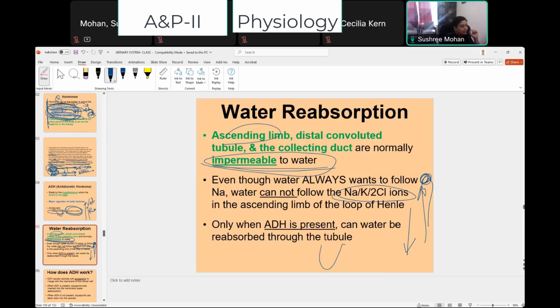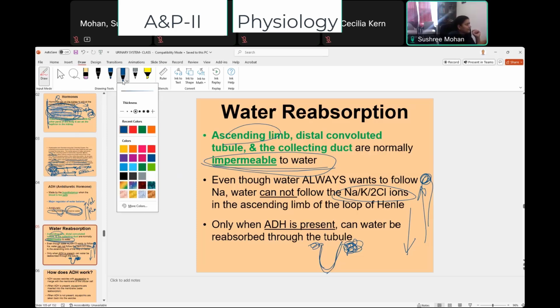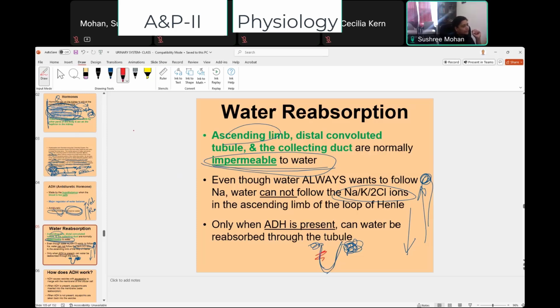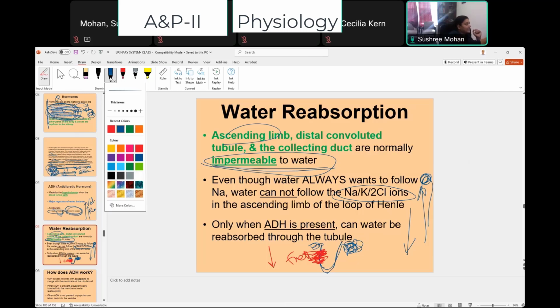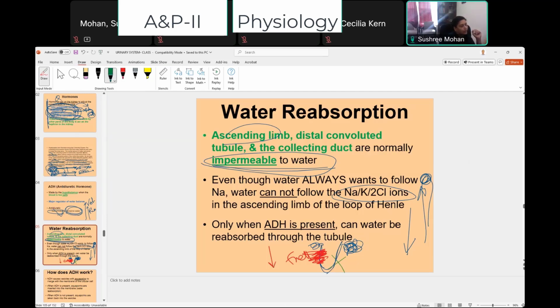Because in the loop of Henle, this is the PCT, descending, ascending, DCT. Out of these, here, water can freely move in and out, freely permeable in the descending limb. But if you look at the ascending limb, no water can go. DCT, and in the ascending limb, water cannot go.